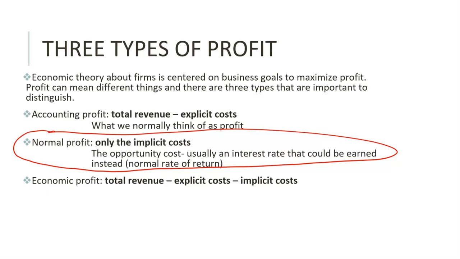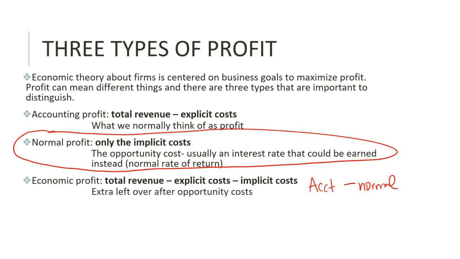And we would say that's the normal profit, what you could be earning in another market. And then economic profit is where we take the total revenue minus the explicit costs minus the implicit costs. So we're taking that accounting profit and we're subtracting the normal profit.